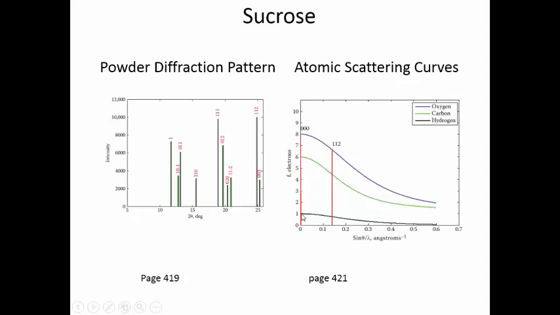Here's the hydrogen starting at 1, the carbon starting at 6, and the oxygen starting at 8, and here we have the 112 reflection. The scattering of the oxygen would be about 6.8. The scattering of the carbon here is going to be about 4.5 or so, and the scattering from the hydrogen is going to be under 1, so about 0.8, say.